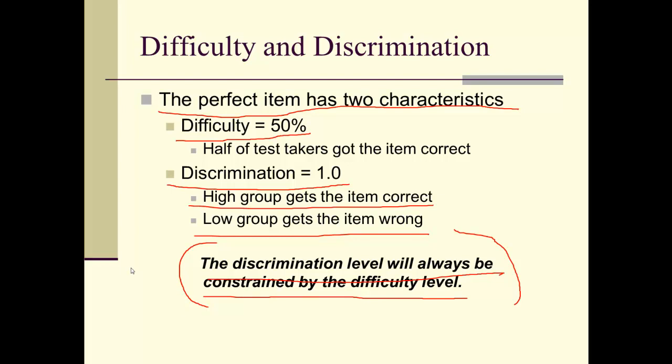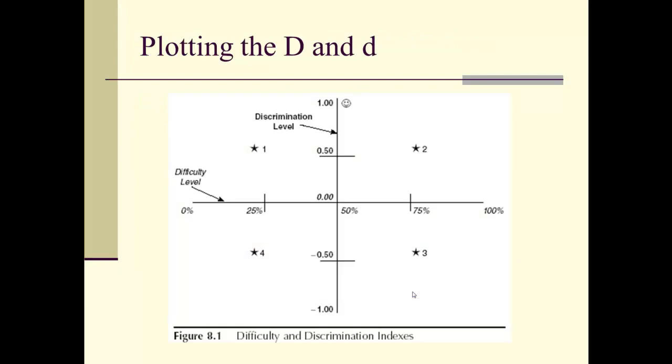What does that mean? Well, the degree to which our students are going to be able to discriminate amongst the answers will be constrained by the level of difficulty of the question. And so these things affect each other to a great extent. So let's take a look at the difficulty and discrimination indexes.